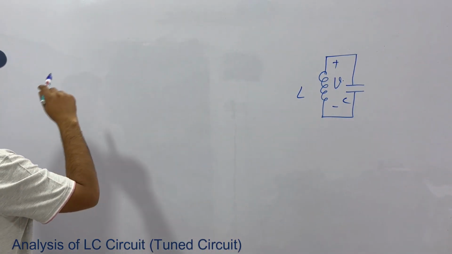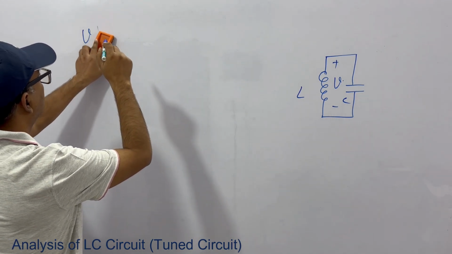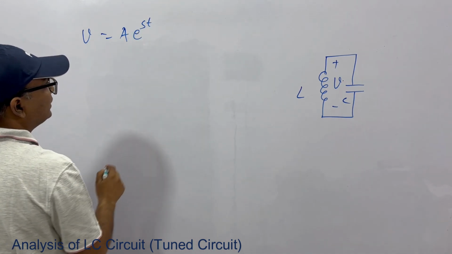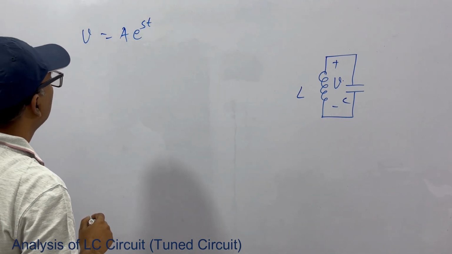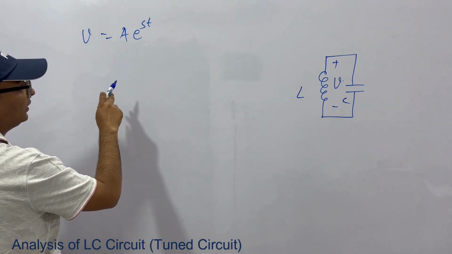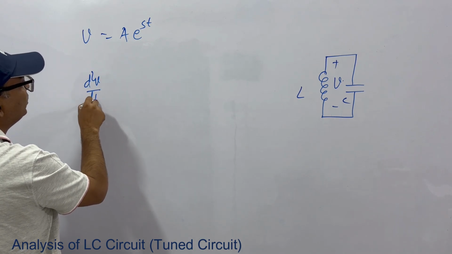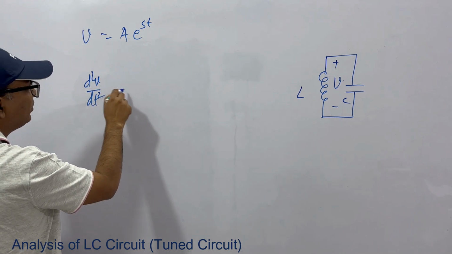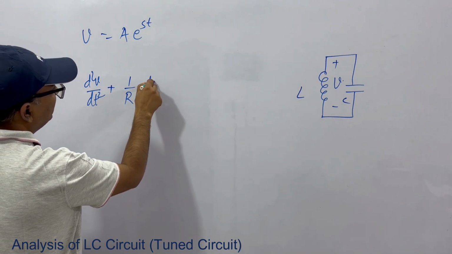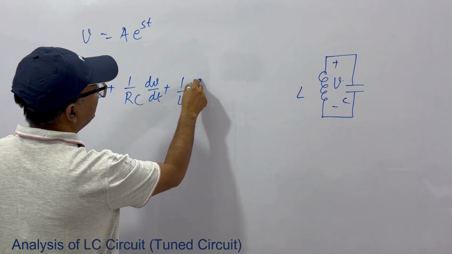We'll analyze this. So if the solution in the Laplace transform mode is e to the power st, as we have already seen, what happens? You remember the equation? It was d2v by dt2 plus 1 by RC into dv by dt, and then we had 1 by LC V equal to 0.